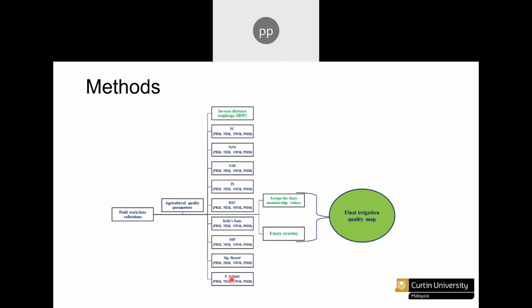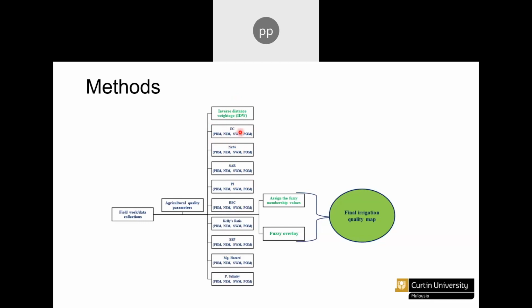These are the water quality indices that I discussed: electrical conductivity, sodium percentage, SAR, PI, RSC, Kelly's ratio, and so on. What they actually did is, for each and every index, they produced spatial maps.